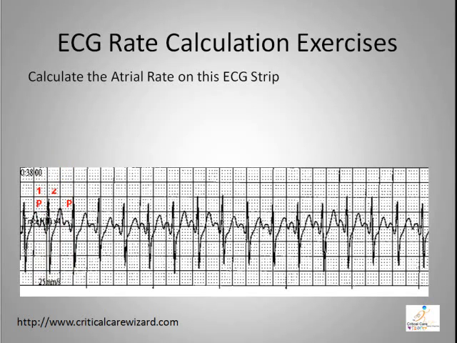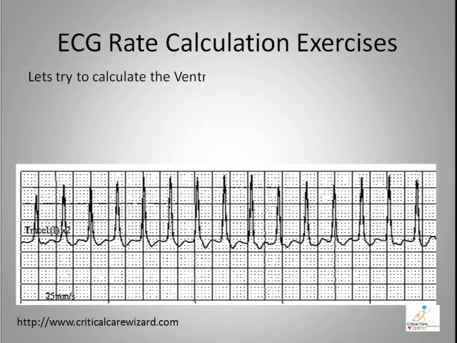The distance between P waves is 2 big boxes. The atrial rate is about 150 per minute. Take note that the P wave is located in between solid lines.